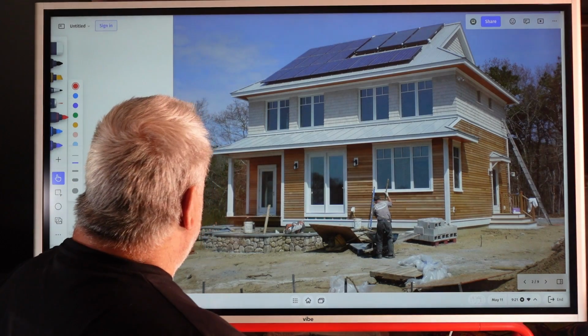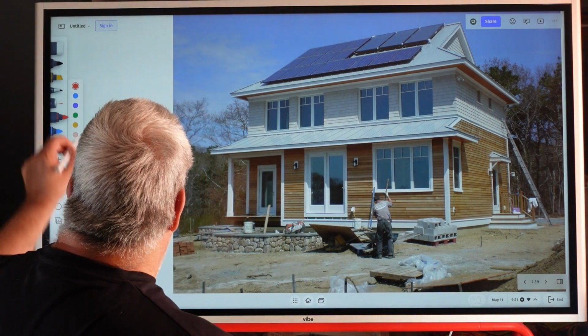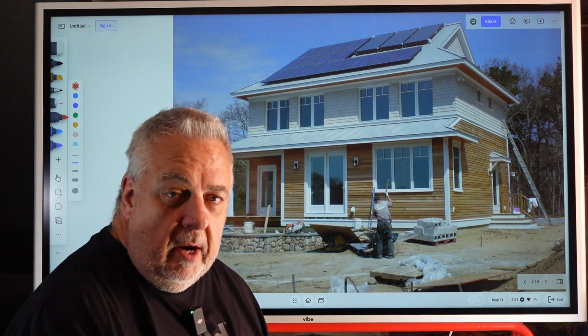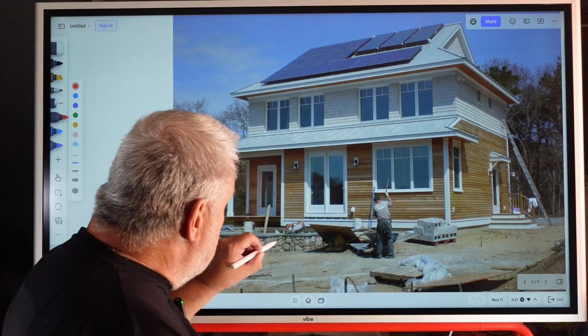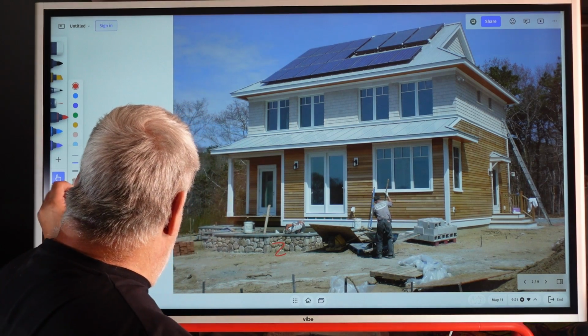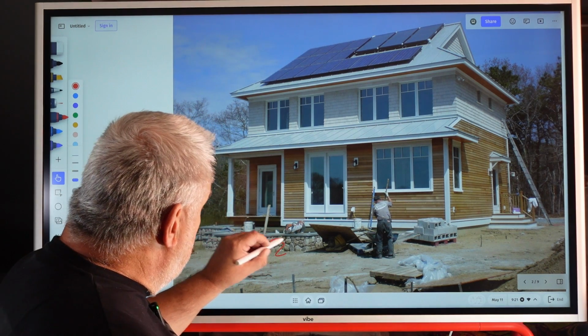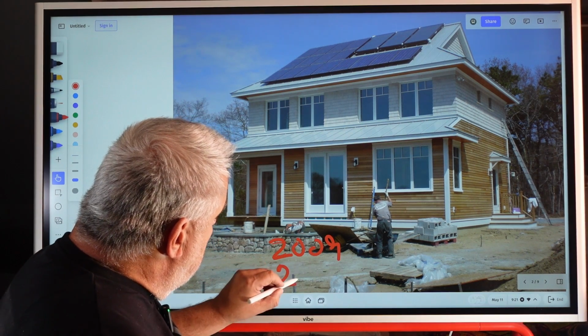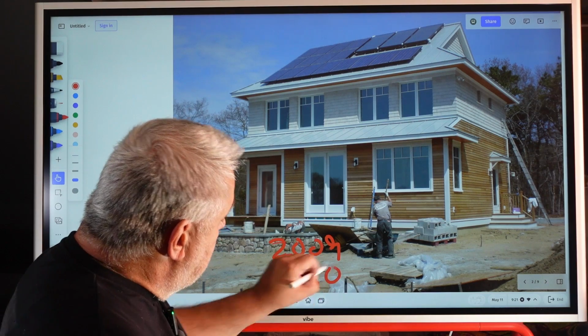So there's the house. This one, construction sequence, got tons of construction photos. Remember, refresh your memory on this. This house here I designed in, let me get a little thicker pen here for you, 2009. We constructed it in 2010.